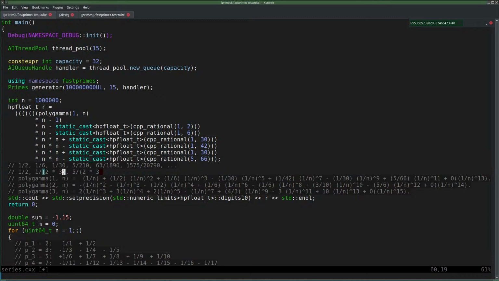No. That's this one. Then we get 1 over 30. So that's still 1 times 5. Let's just factorize it in prime numbers. So the next one is times 7.